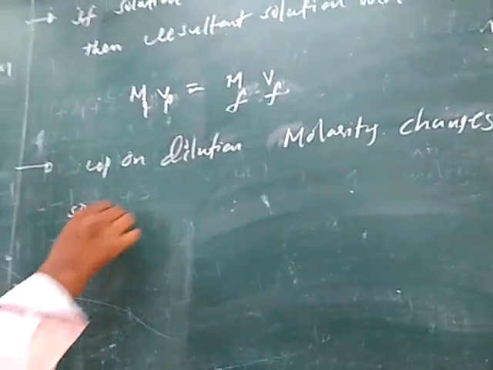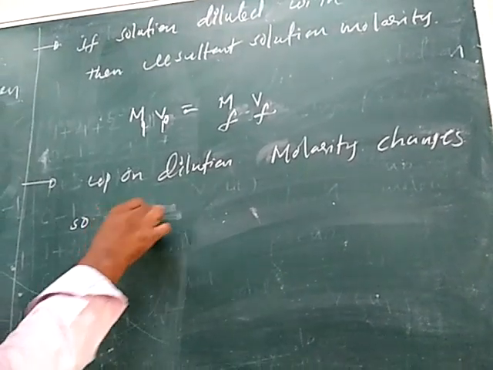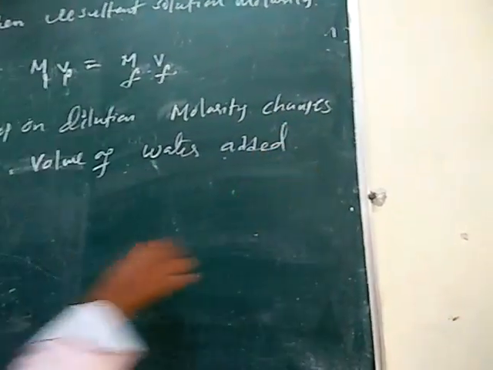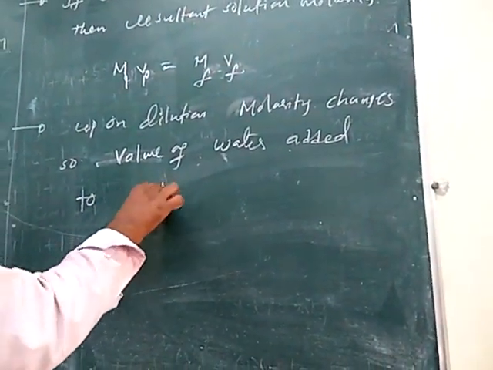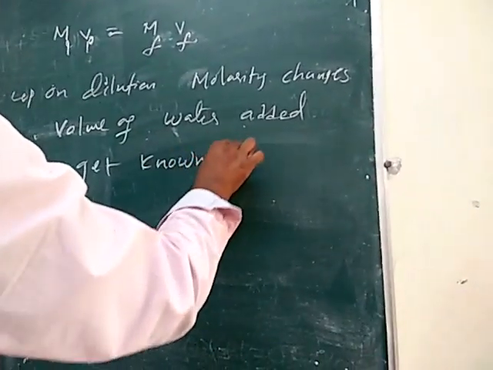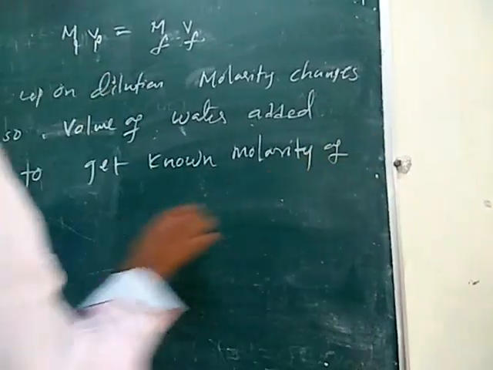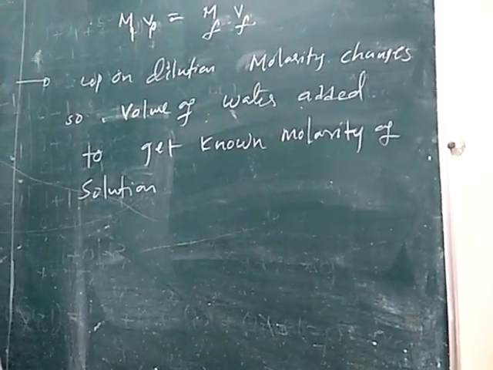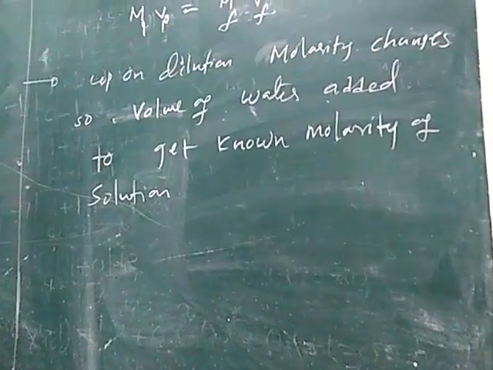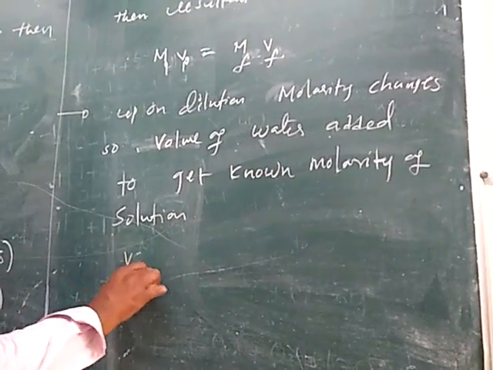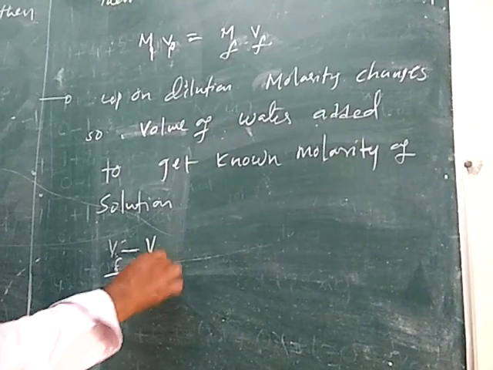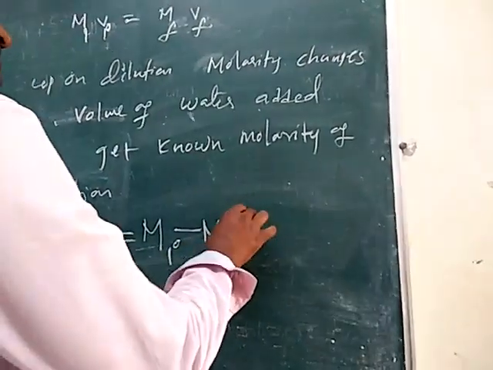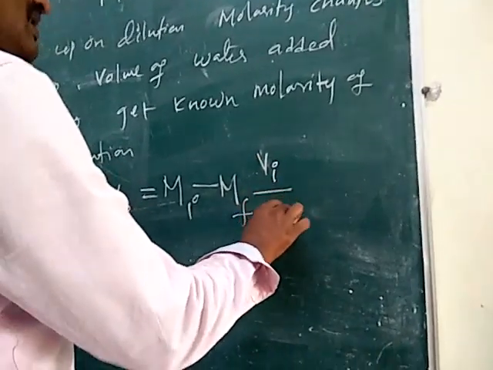So to find the volume of water added to get a known final molarity of the solution, that means how much volume of water you add to reach the final molarity, the formula is V final minus V initial equals molarity initial minus molarity final, into volume initial by molarity final.